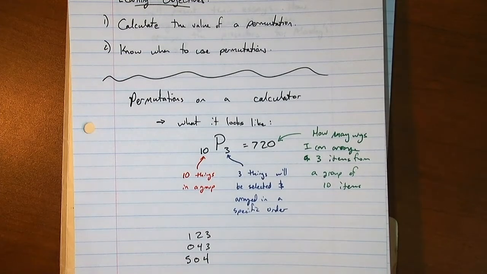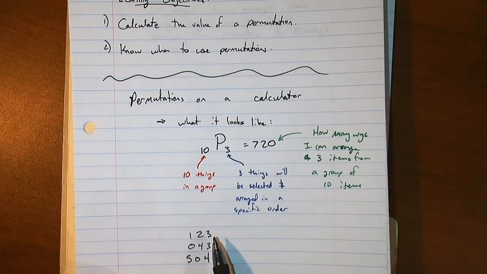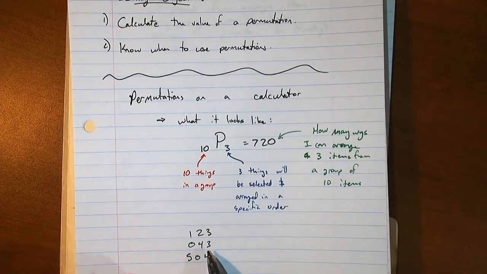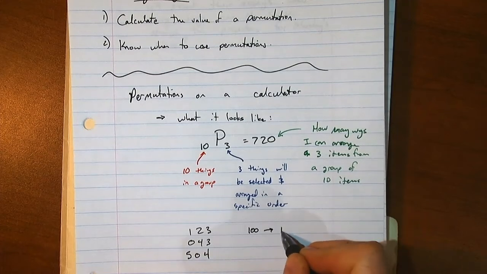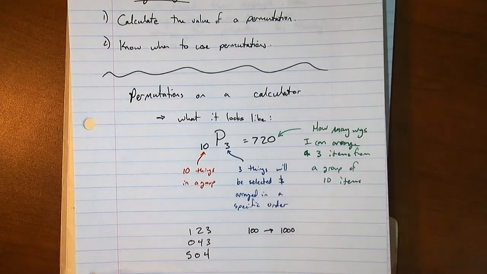So this is the idea. Now, immediately, I can imagine you're sitting here thinking, wait a second. If there's only 720 ways, that doesn't make any sense, because just to go from 100 to 1,000, there's 999 or 1,000 numbers in between, right?